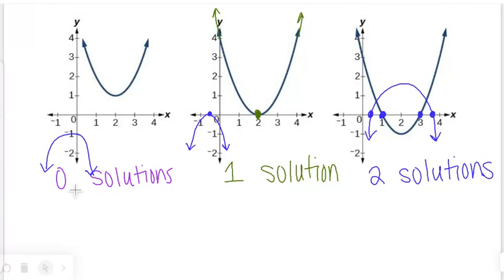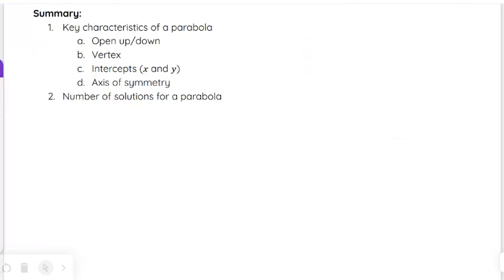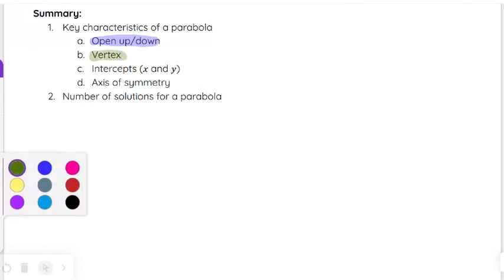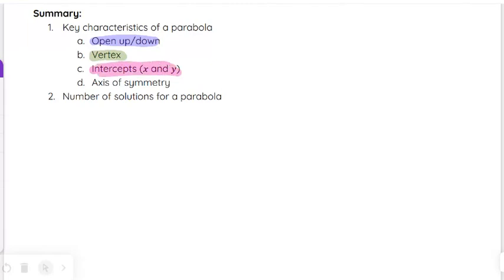It's just going to fall into the category of 0, 1, or 2 solutions if it is in fact a parabola. So in summary, we have some key characteristics that we like to look at. The first one, again, is opening up or down. The second one is the vertex. The third one is the intercepts, so that's the x and the y-intercepts, x being where it crosses the x-axis and y where it crosses the y-axis.